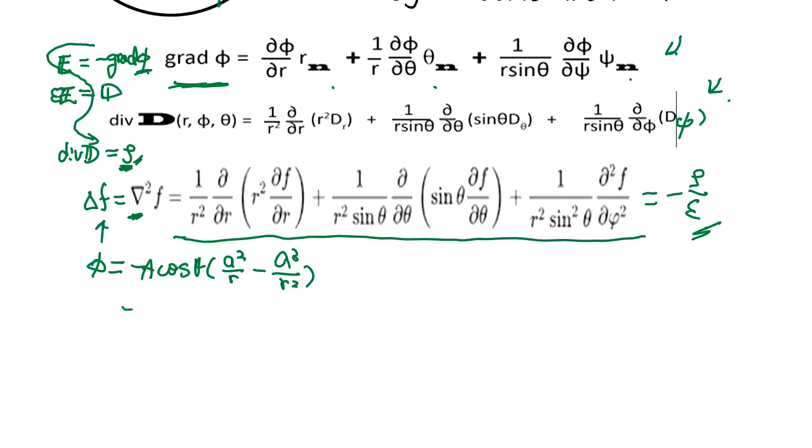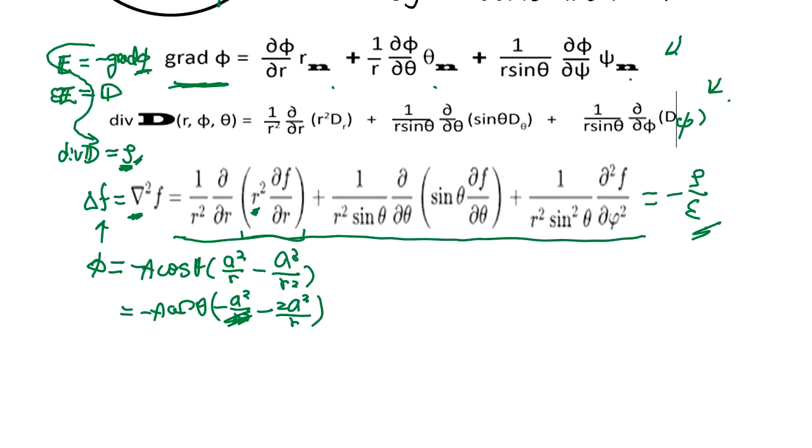So it's going to be minus a cos theta and negative a square over r square, and we multiply r square, so this disappears. Negative 2a square over r to the third, we multiply r square, so it's going to be r. So this part is done.